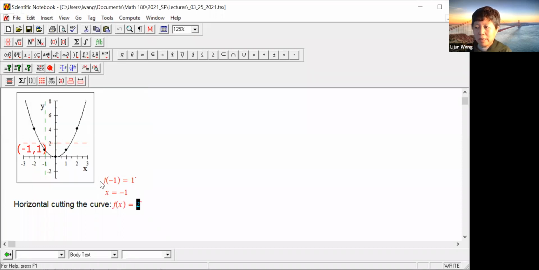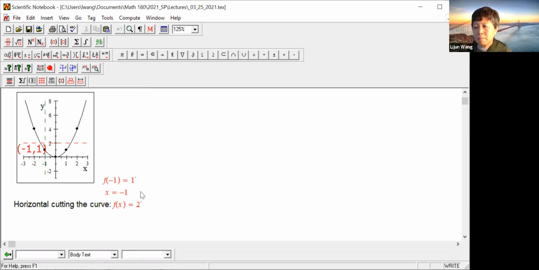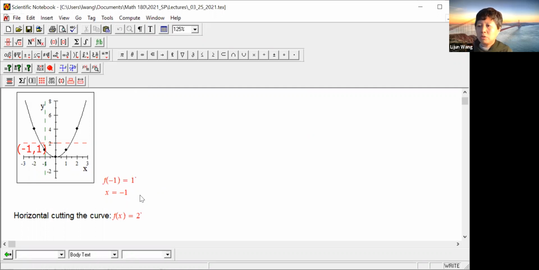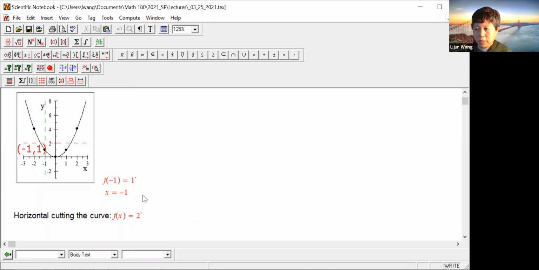Okay, so let me try to make this very clear to you. There are only 2 kinds of cuttings in general. Of course, you can cut diagonally. This kind of cutting is a vertical cutting.